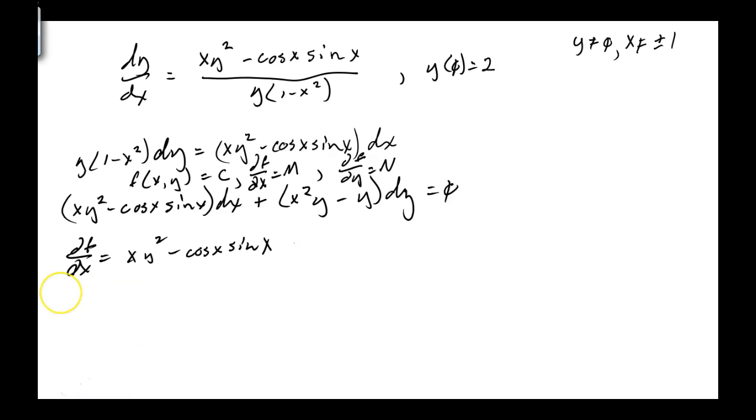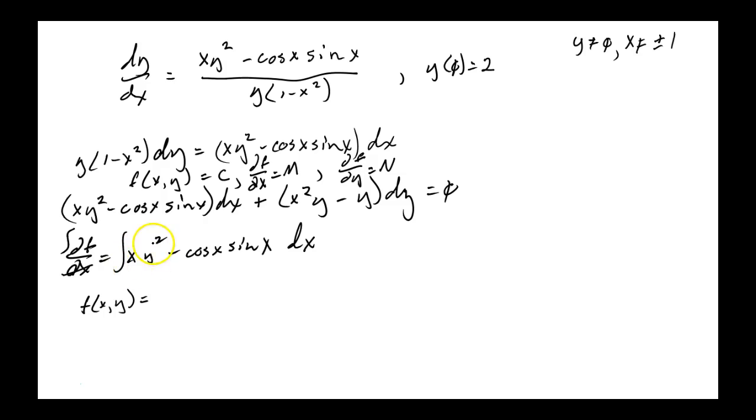Now we're going to wipe out that squiggly d and put a dx here and integrate both sides. Right? An integral of a derivative is f. f of xy is equal to, now, the antiderivative of that one. Since you do it with respect to x, leave the y just like it's a constant.